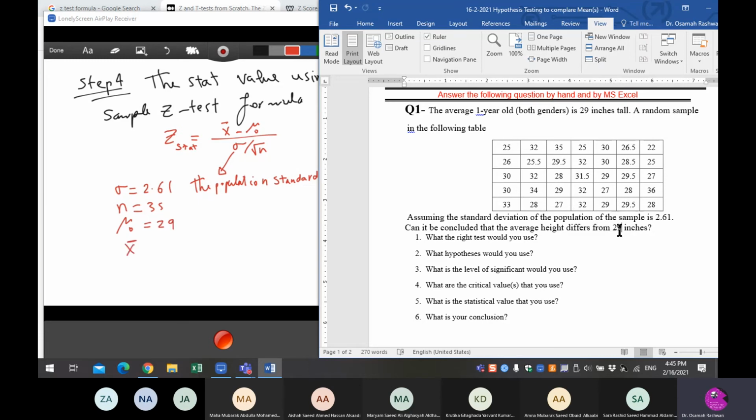What's x bar? Yes, using your calculator. Do you have your calculator? Can you find x bar for me, please? Do you know how to do that? Go for mode. Go for stat.